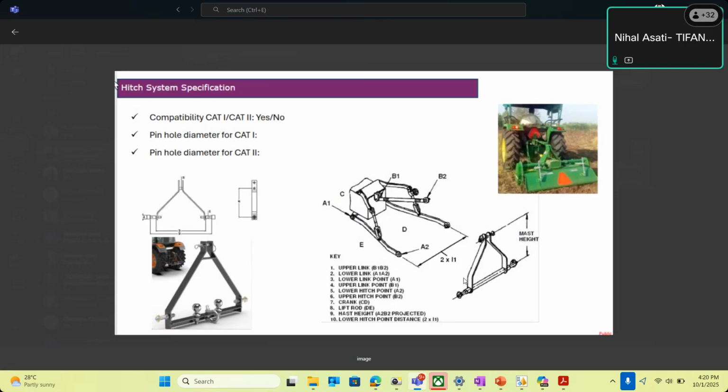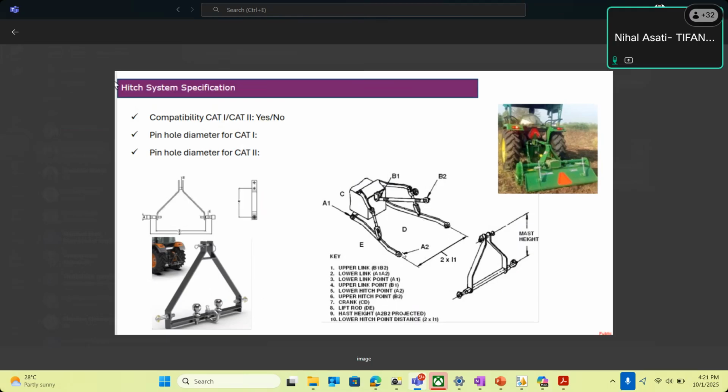In this implement, if you see, we have the upper link, lower link, and different points in the upper link and lower link, along with the mast height and the lower hitch point distance. All these dimensions are critical when you are designing your implement or frame. This is the tractor attachment where we have the top, left and right attaching points, and these have some specific dimensions and distances which are mentioned in the rule book.